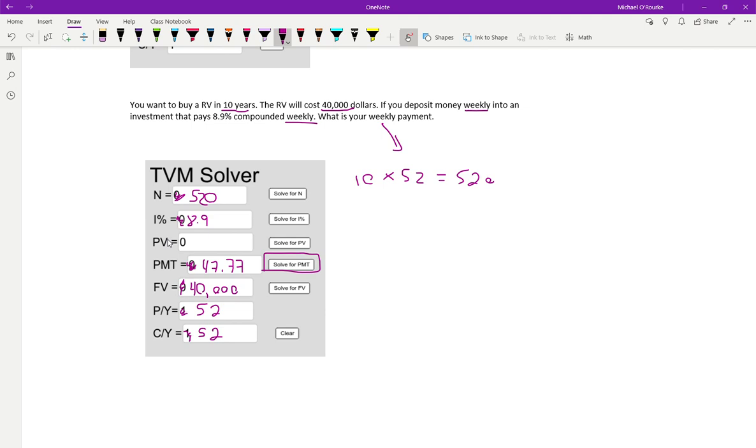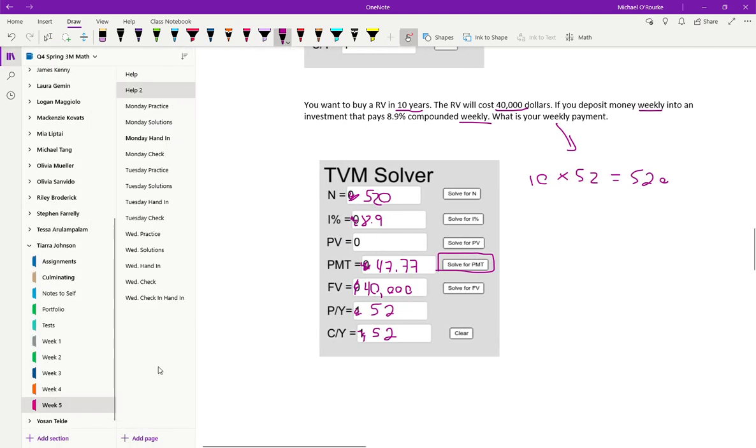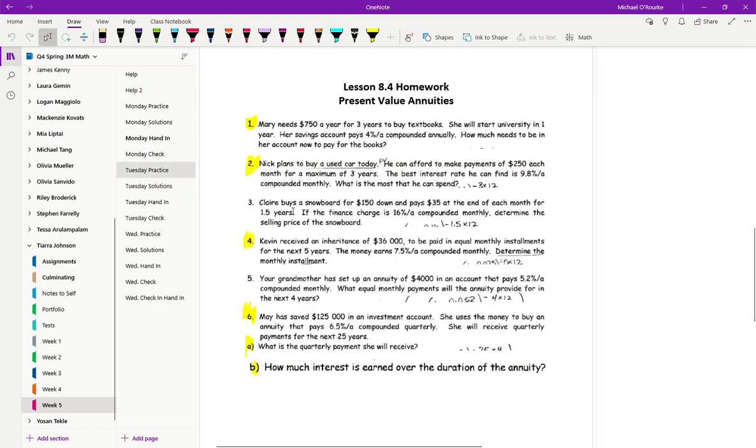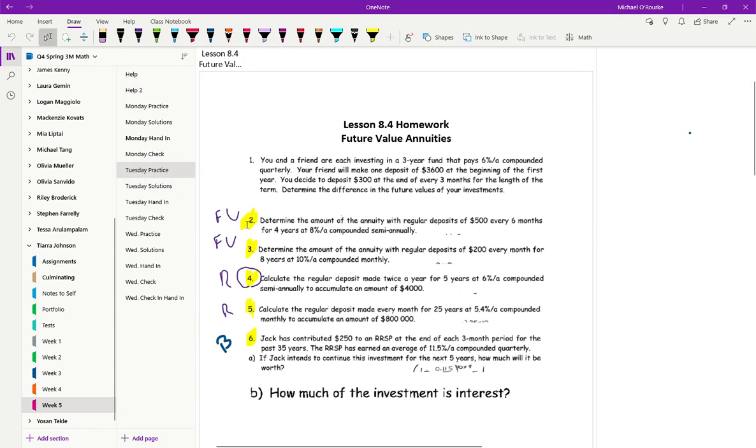Okay. So for your homework for this section, I've highlighted some questions right here. We have a couple that are future value, we have a couple that are funding the regular payment, and then we have one that's kind of both put together. It's a little more problem solving. Okay, so that's your first section.